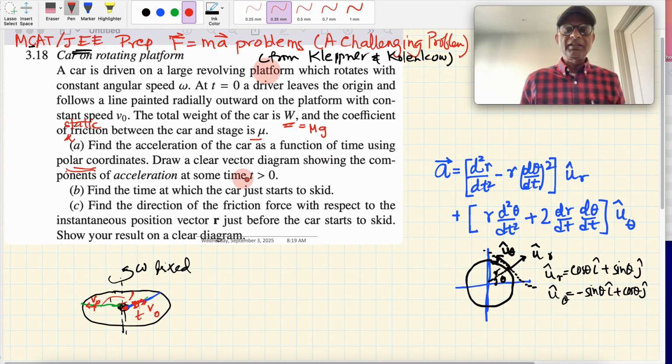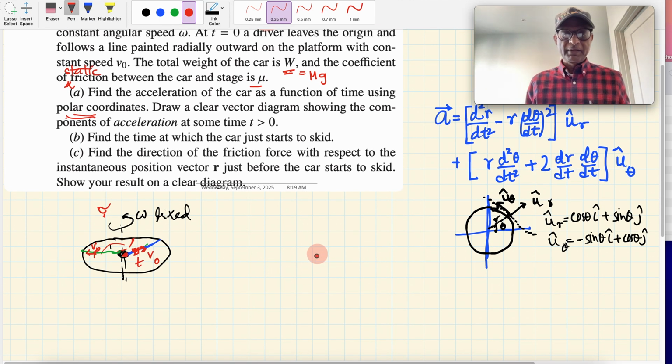And draw a clear vector diagram showing the components of acceleration at some time t. Because we're doing polar coordinates, I wrote up here what the acceleration in polar coordinates will be. So looking from above, we can redraw this picture a little bit. It will look like this when you draw the picture, and let's draw a little bit bigger picture.